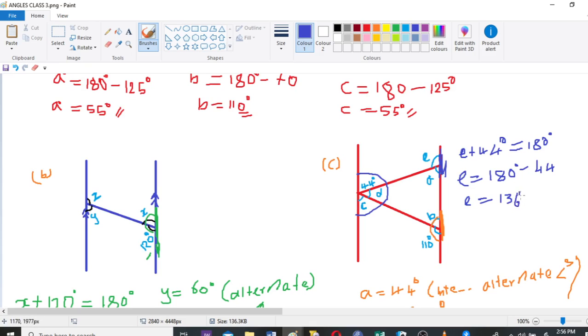degrees. Now let's also prove this. We know that this angle from here up to there should be equal to angle E, as they are alternate interior angles.